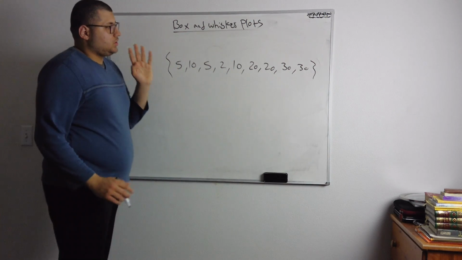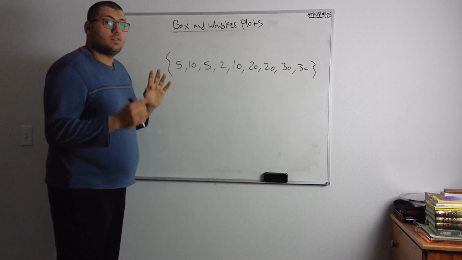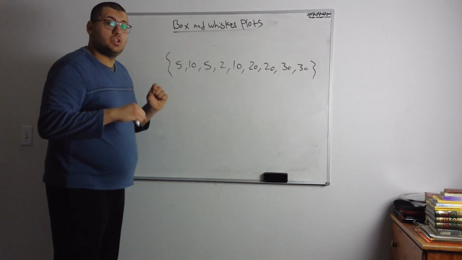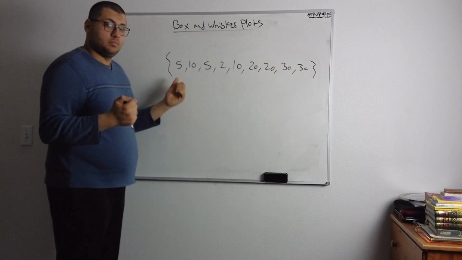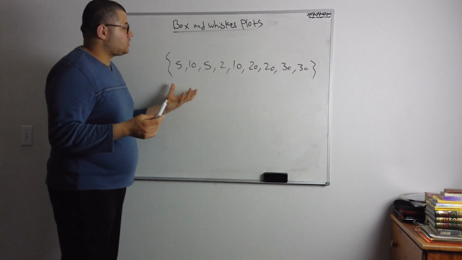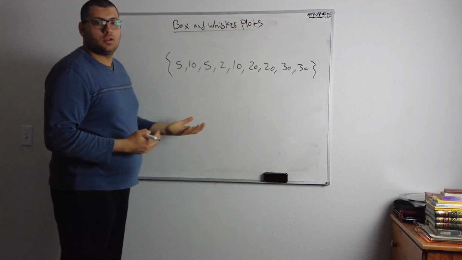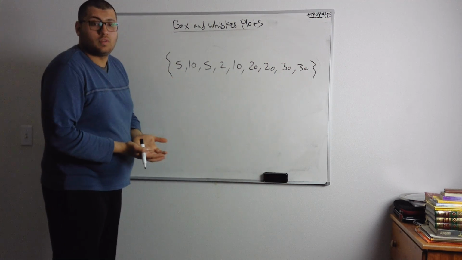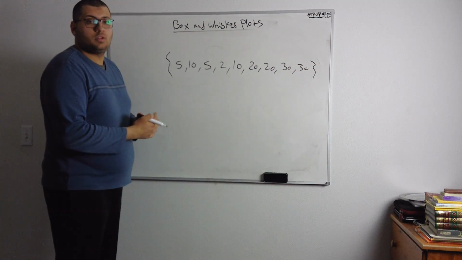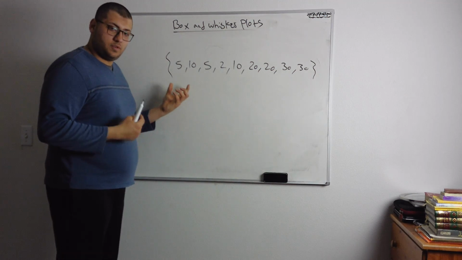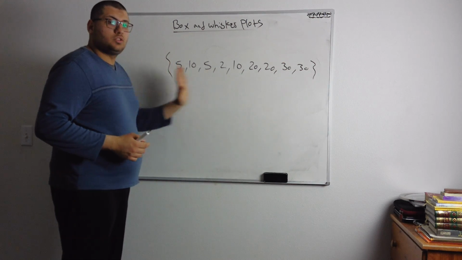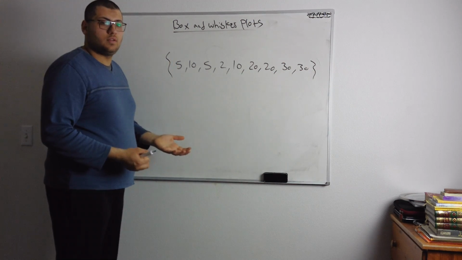Now, you can never find the median without arranging your data from least to greatest. You can't just find the middle number of a data set when it's unarranged. That middle number will not make any sense. So we need to first arrange it from least to greatest, and then find the things we're trying to find.